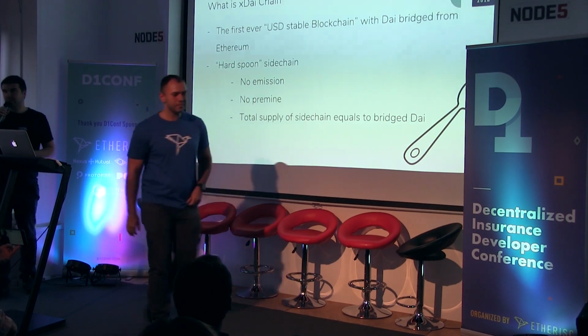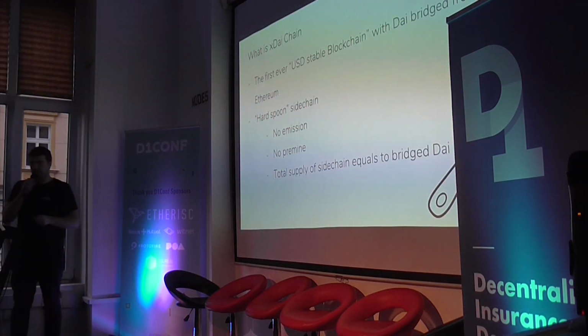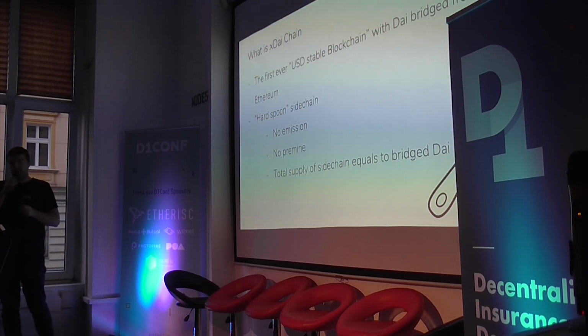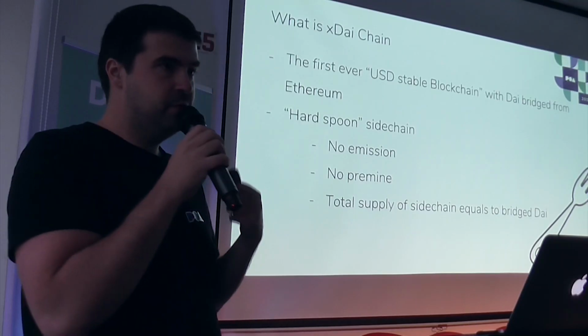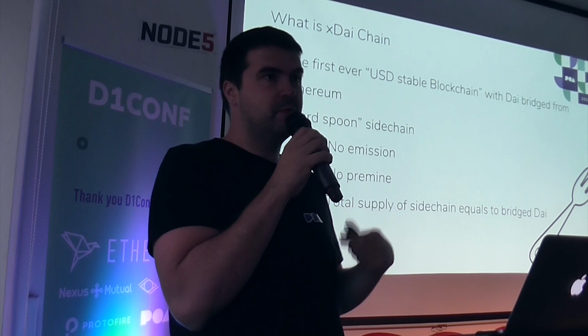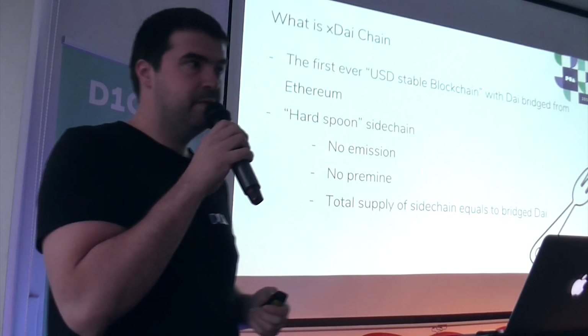Okay, I just want to explain a few details about what made this platform possible. This platform is the first ever platform with a stable USD token. We have USD-based stable coins, but most of them are ERC20 tokens on top of Ethereum.